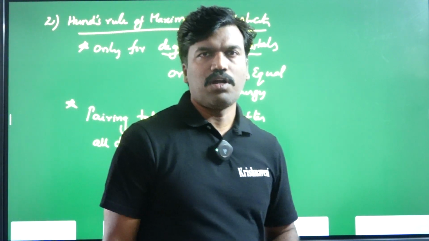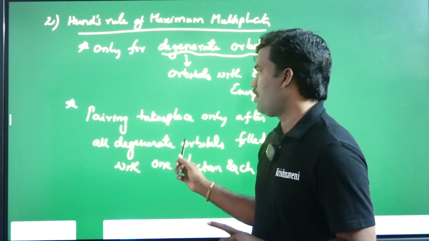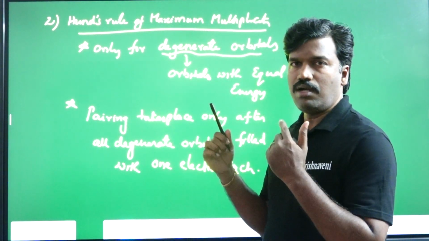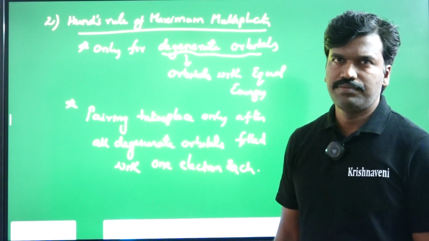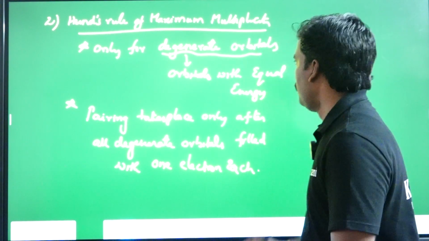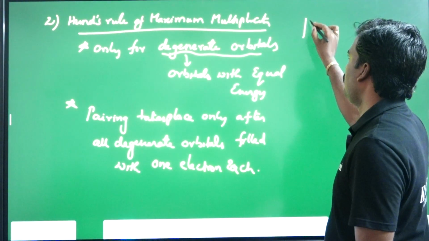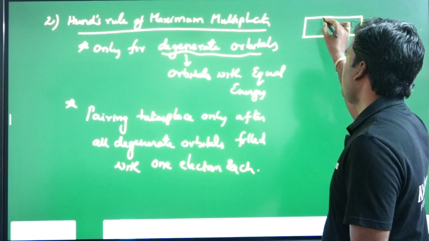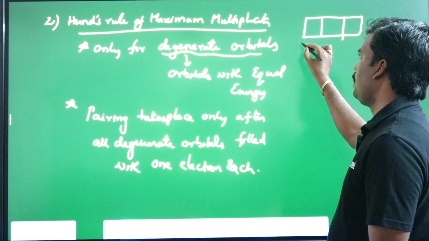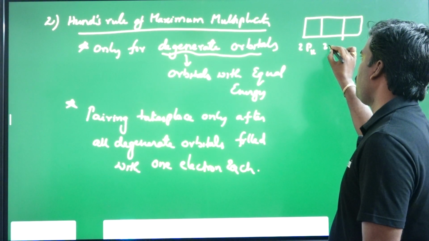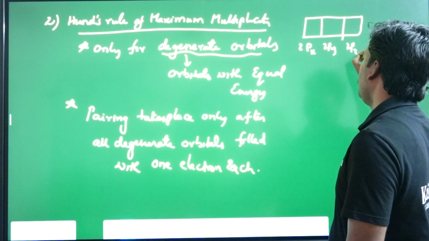While filling degenerate orbitals, pairing of electrons takes place only after all degenerate orbitals are filled with one electron each. Okay, let me explain this statement. In the 2p subshell, there is 2px, 2py, 2pz.